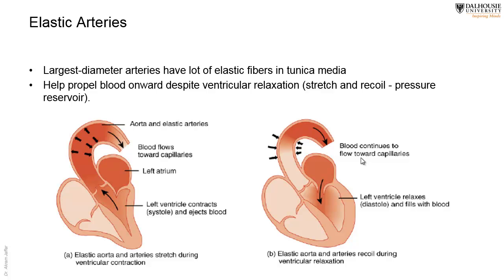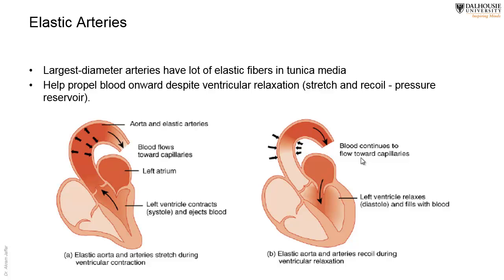Elastic recoil takes place during ventricular diastole, when the ventricle relaxes, and the elastic recoil in the wall of this great vessel will maintain a continuous flow of blood. Even when the ventricle is not contracting, when the ventricle is relaxing, the elastic recoil will maintain the pumping of the blood in the great vessels. That's why we have these elastic arteries.